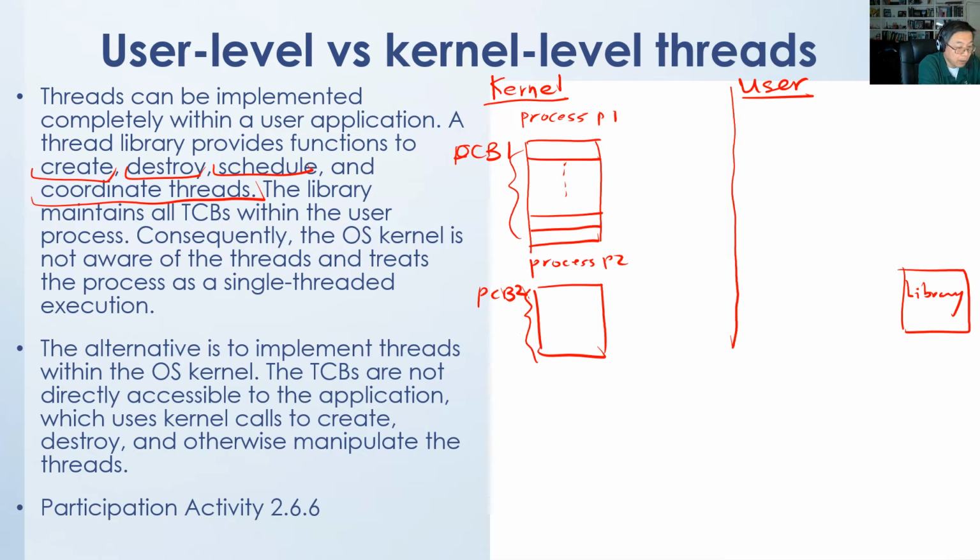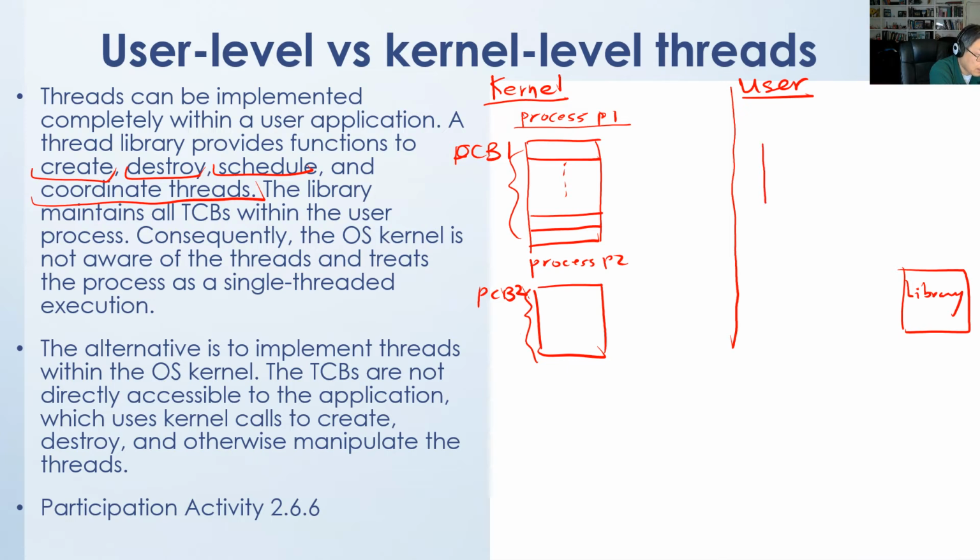Now, for PCB1, for the process P1, if the application wants to create multiple threads, to create user-level threads for process 1, then these threads are going to be created through the thread library. For example, we want to create two threads for process 1.